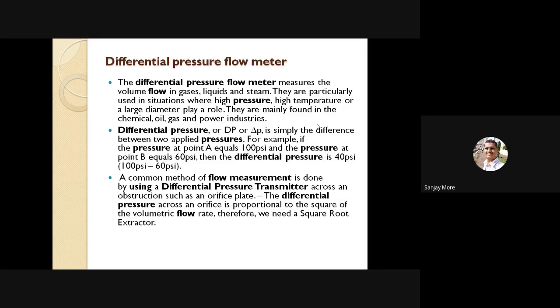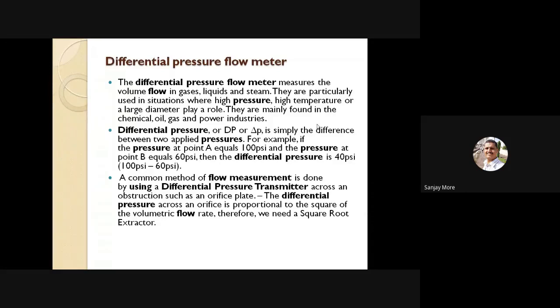Meaning where there is high pressure and high temperature, differential pressure flow meters are used. They are mainly found in the chemical, oil, gas and power industries.